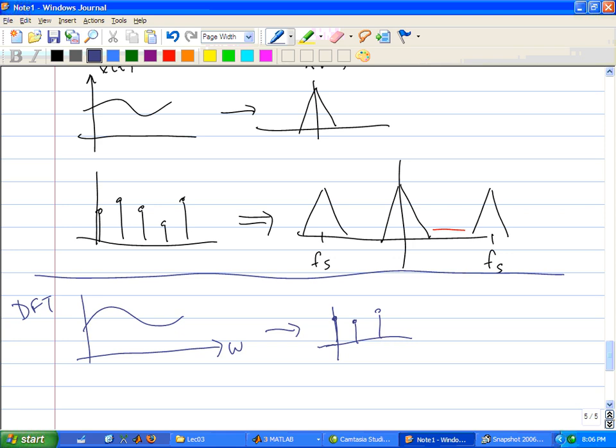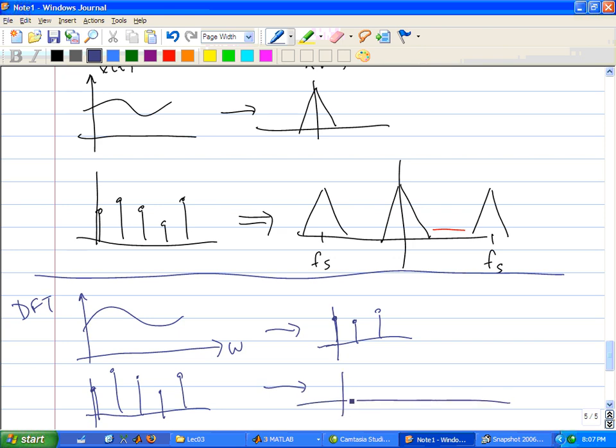Then when we sample the frequency-based signal, we're going to do the same thing.